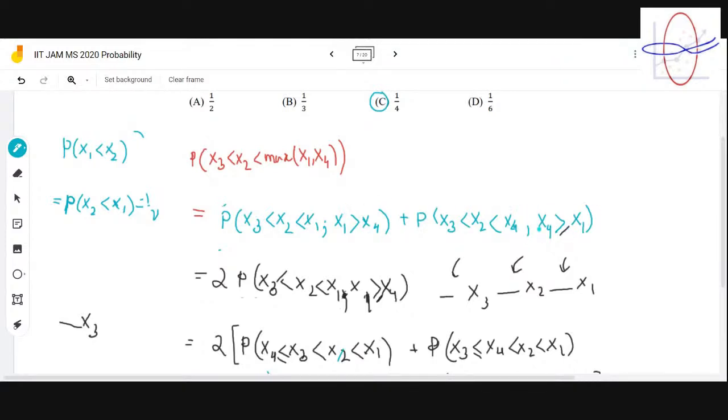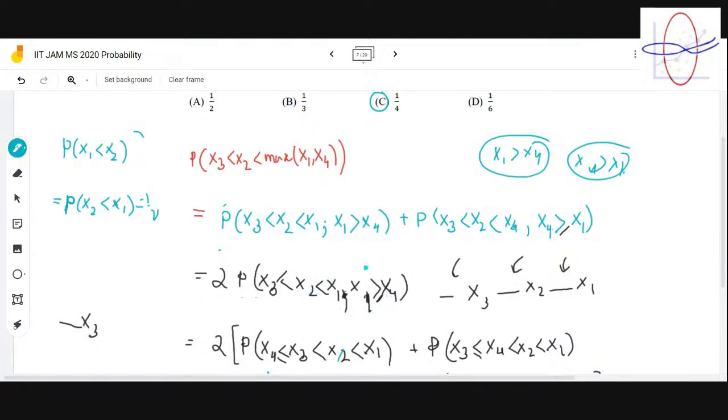So these two probabilities are the same, and the probability that X4 equals X1 is 0. So the extra conditions, X1 greater than X4 and X4 greater than X1, are the same stochastically. Therefore it's twice the first one: X3 less than X2 less than X1, and X1 greater than or equal to X4.